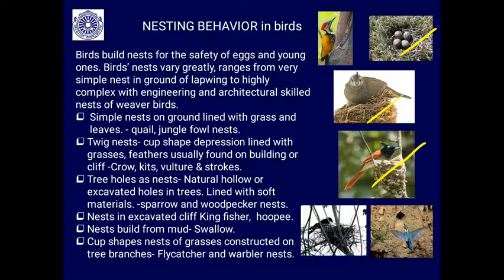You will be able to see nests also in tree branches, that is of crows or vultures, or else you will find nests in excavated holes in trees, as in the case of the woodpecker, or nests in the excavated cliff of the kingfisher. So varieties of nests you can see.